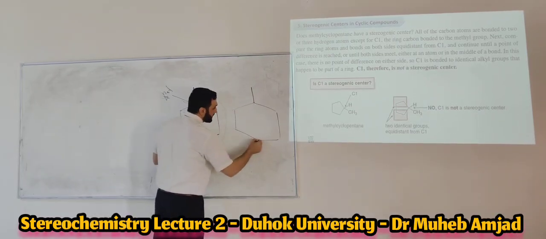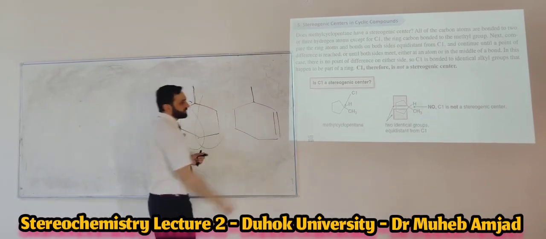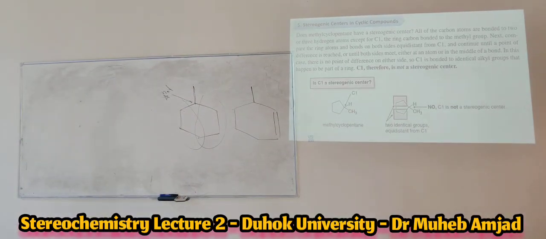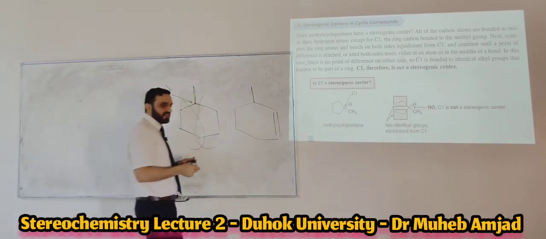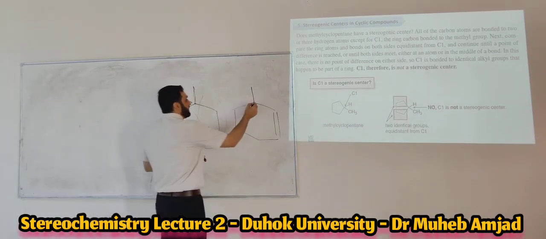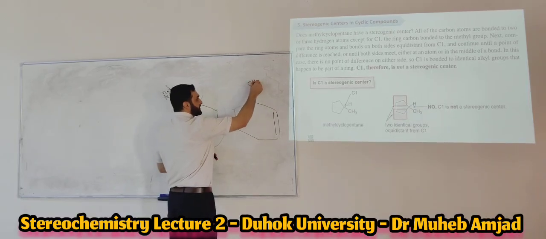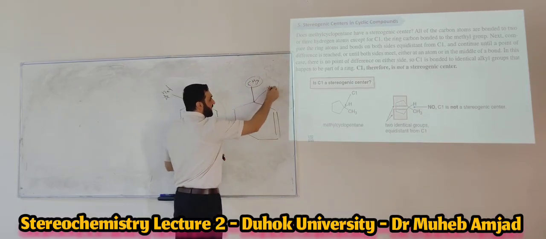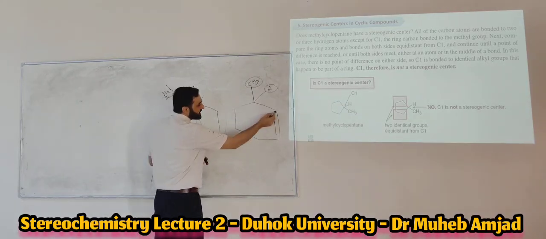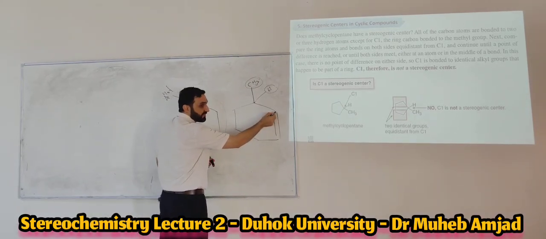What's the name of this compound? 1, 2, 3. Okay, good. 3-methylcyclohexene. Now, this CH3 is one group, and here we have hydrogen, the second group, and this CH2 and this CH are different here.